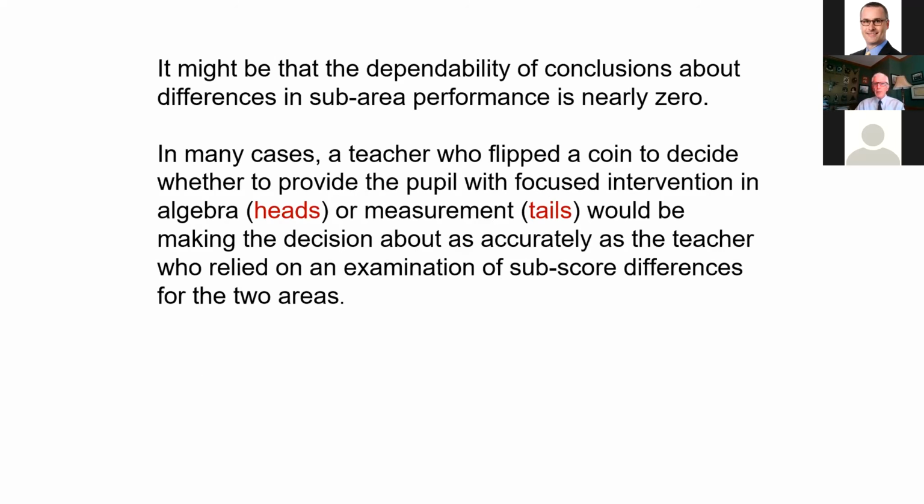Here's a quote from Cizek. It's a long quote, but it's really worth reading. I'll give you a second to read that. Pretty powerful. Can you see what he's saying? Making a decision about Bobby on what to do next in mathematics based on that single subscale score on a state test is tantamount to flipping a coin and saying, heads I do this, tails I do this.